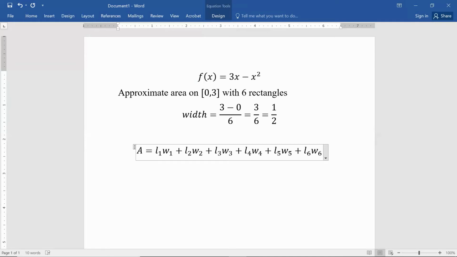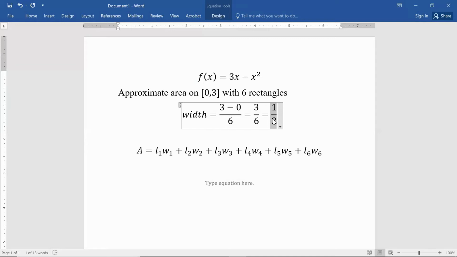Now, what we just said is that the width of every single one of these 6 rectangles is going to be 1/2. That's going to be a common feature amongst everything in this section. When I say create 6 rectangles, we're going to force all 6 rectangles to have the same width. If I said create 10 rectangles, we'd force all 10 rectangles to have the same width.